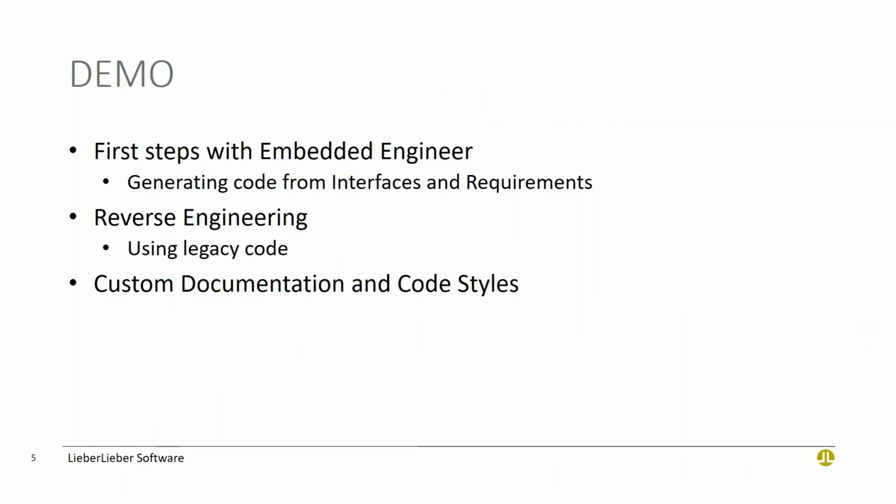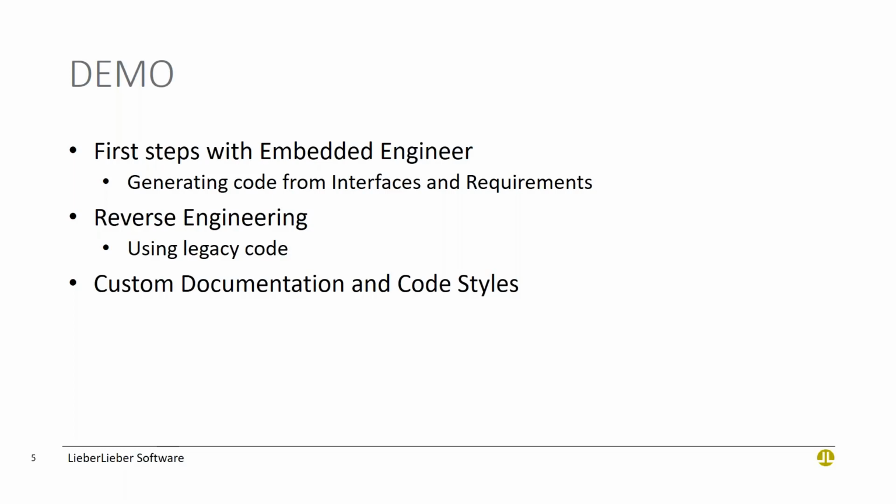And with these first steps, we already start with a short demo on how this is done. In the upcoming demo, I will show you the first steps with Embedded Engineer, what you need to do to generate code from a UML model and how easy it is.